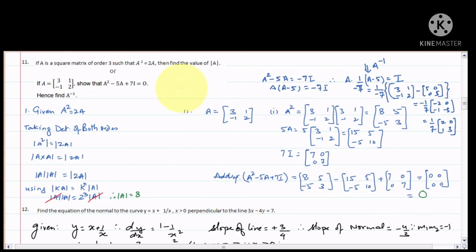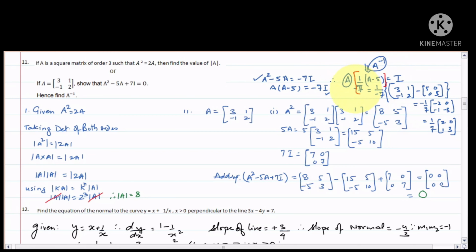Hence find A inverse. So we know it is A square minus 5A is equal to minus 7I. That means A into (A minus 5I) is equal to minus 7I. Putting I only on right hand side, so it becomes A into minus 1 by 7 into (A minus 5I) is equal to I, and we know A into A inverse is equal to I. So that means this value that we have got, it is A inverse.